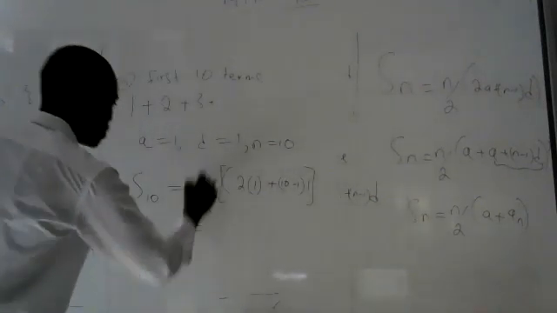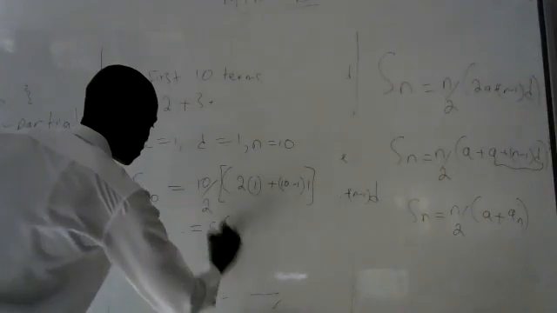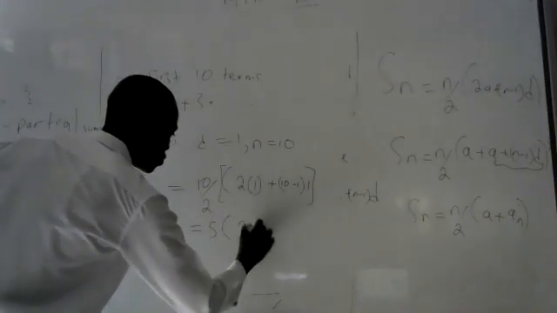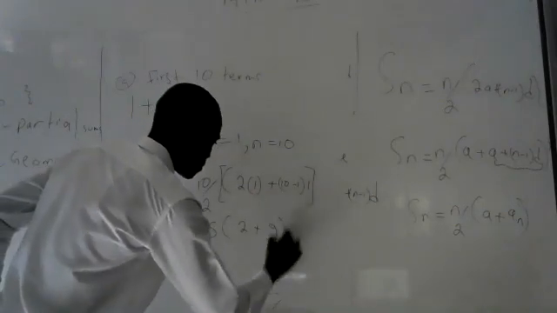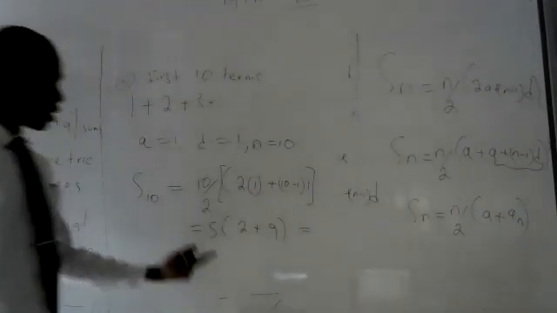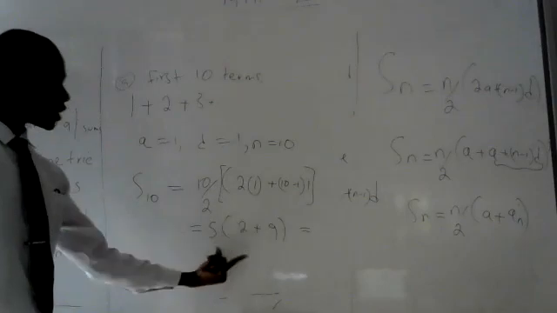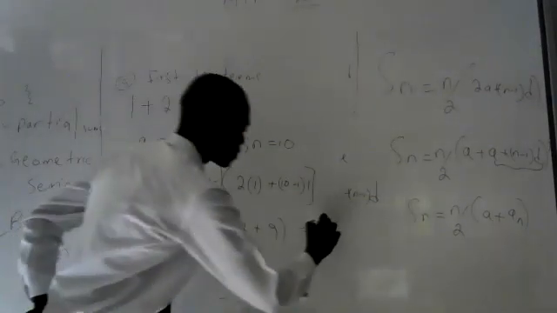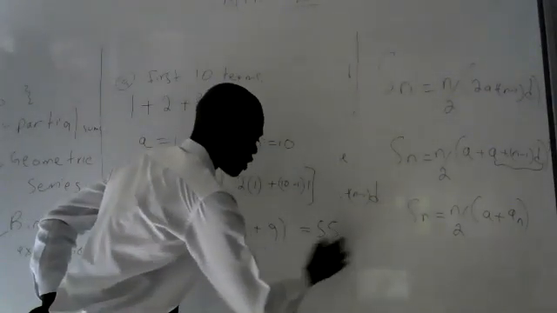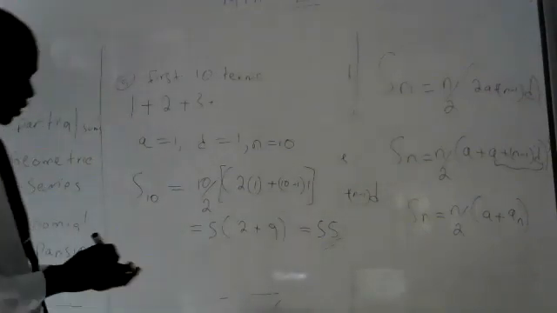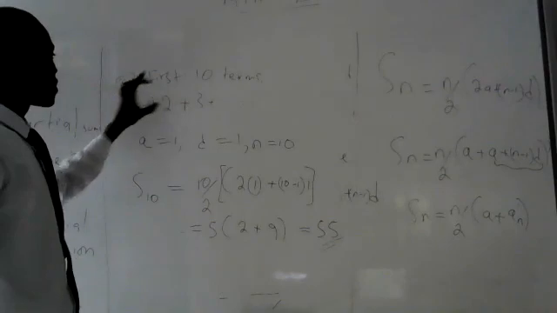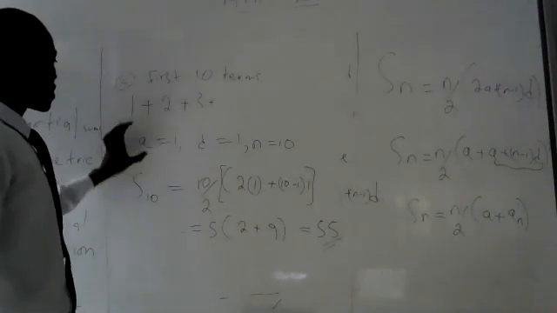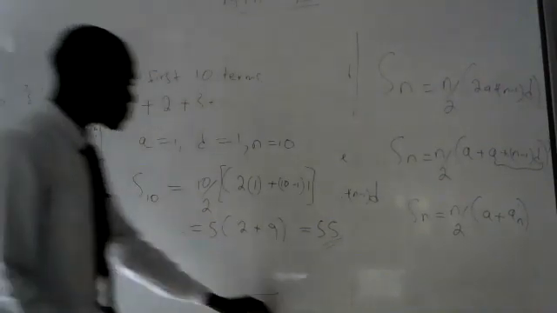Well, half of 10 is simply 5. 2 times 1 is just 2. 10 minus 1 is 9. Now, this is very easy. So 2 plus 9 is 11. 11 times 5 gives you 55. And that is what we found by adding the first 10 integers. The common difference is 1, and the first term is also 1.